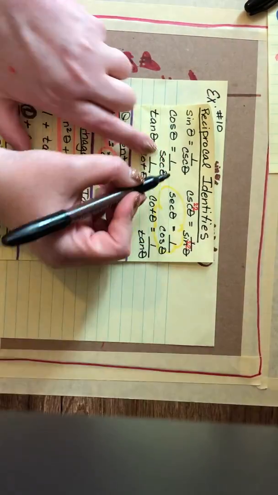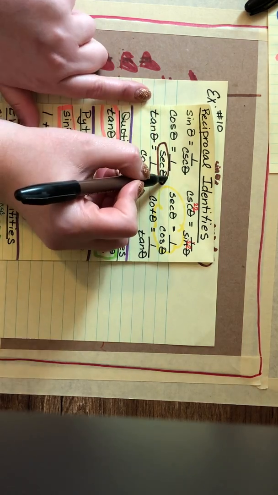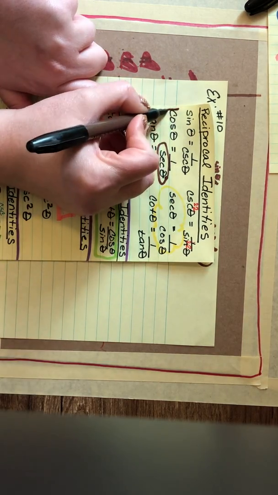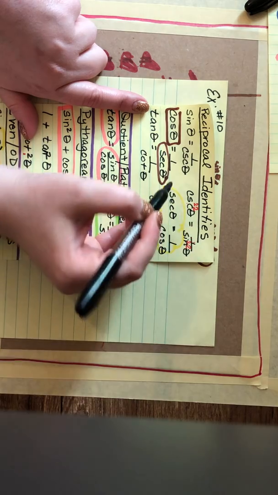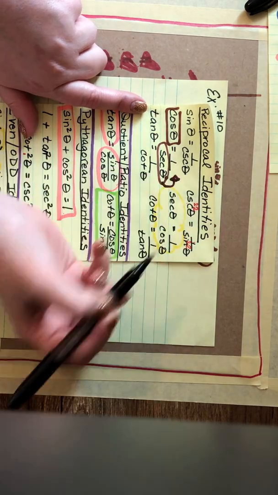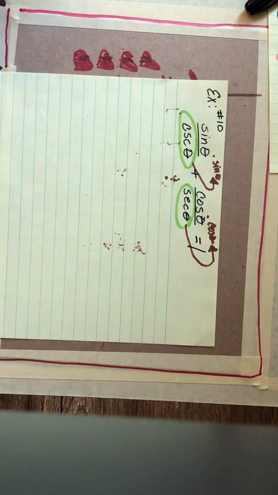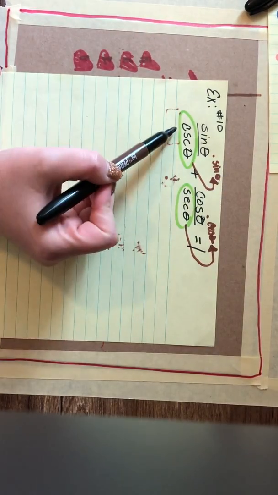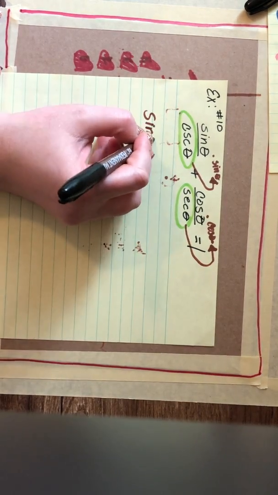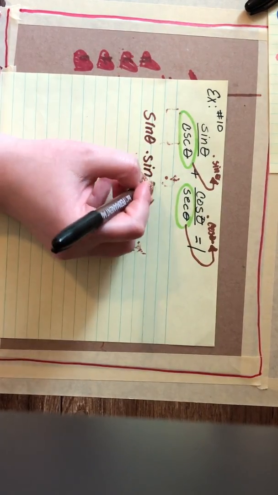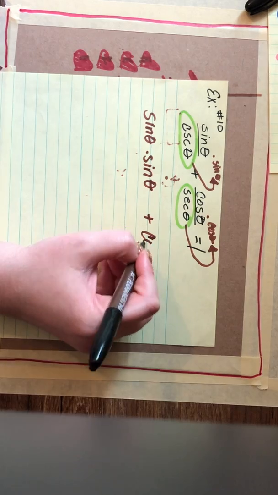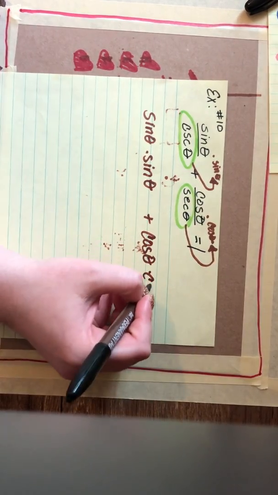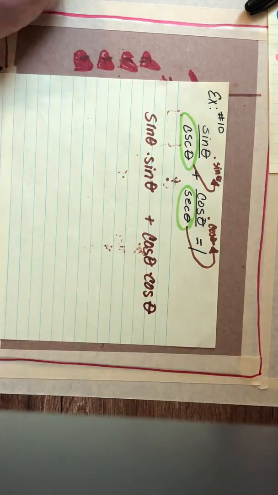When there's secant on the bottom, 1 over secant is equal to cosine. Or you can take that secant and pull it up to the top. Okay, so that's all I'm going to tell you about number 10. When you pull it up, there's no more cosecant. So you have sine theta times sine theta plus cosine theta times cosine theta. And that's all I'm going to tell you about that one.